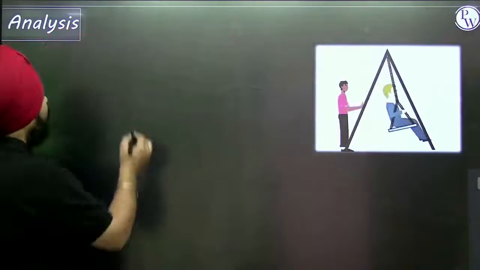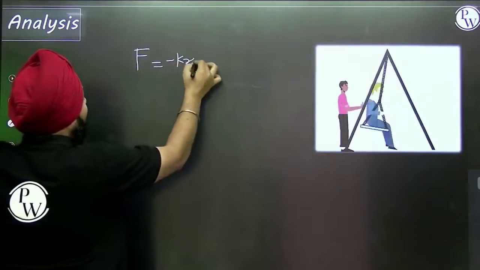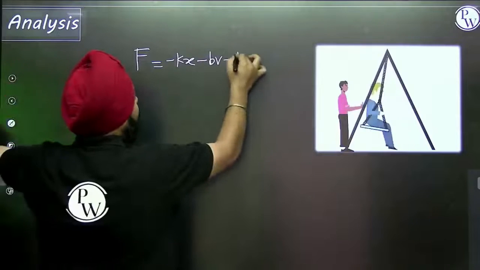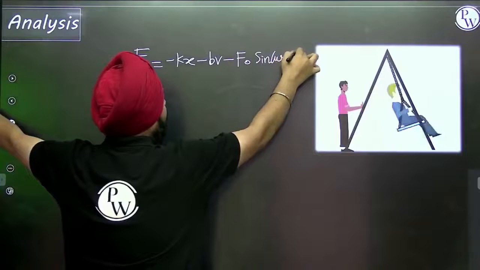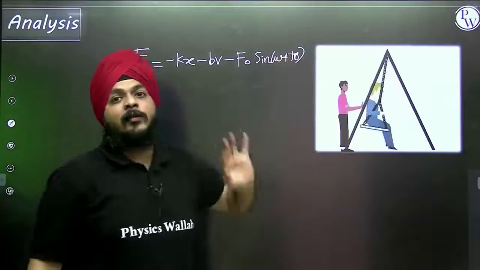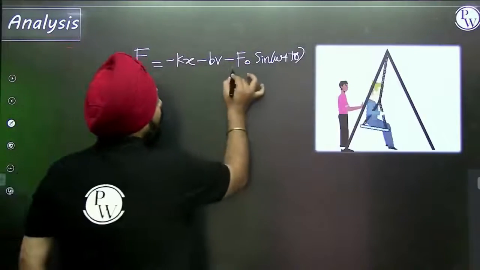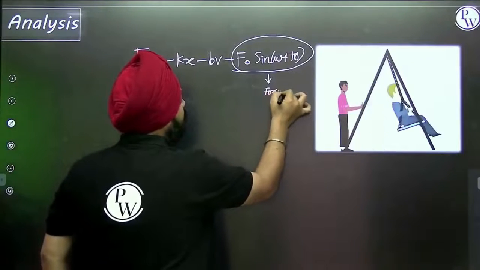So here, the net force is minus kx, damping is present, minus bv, plus one external force that should vary with respect to time. That kind of force we need to apply. Here comes the concept of forced oscillations.